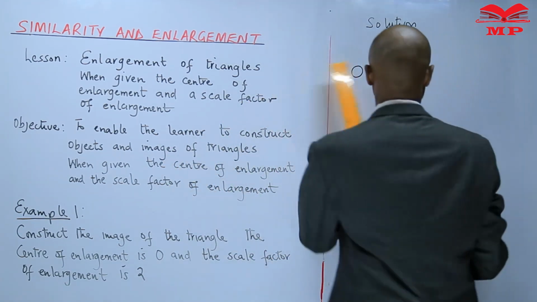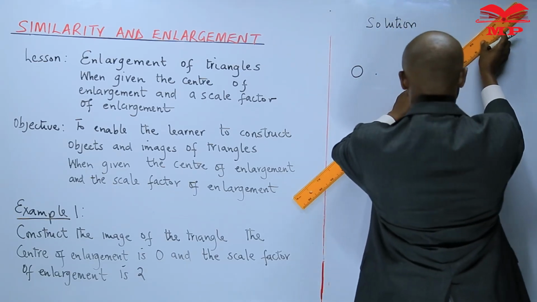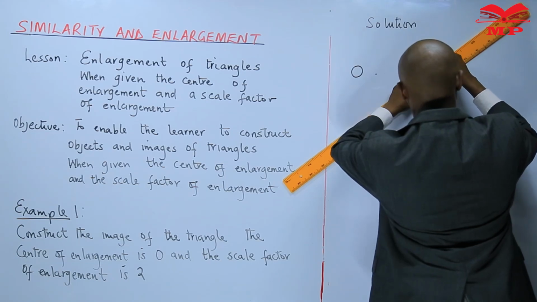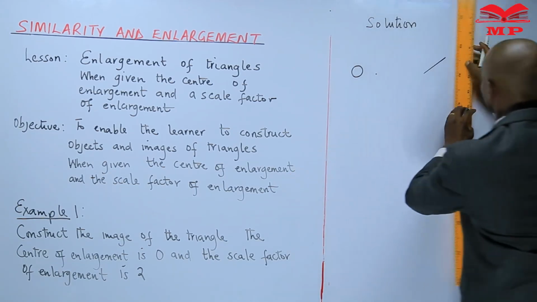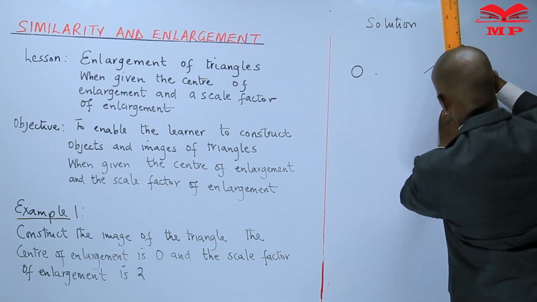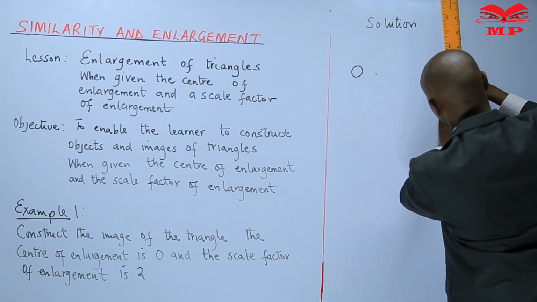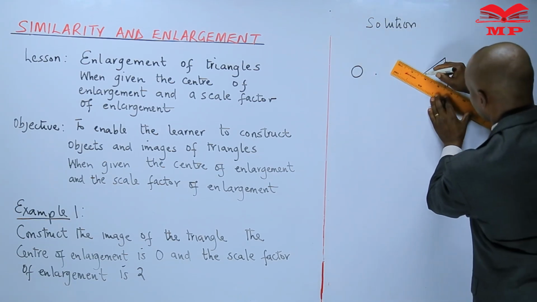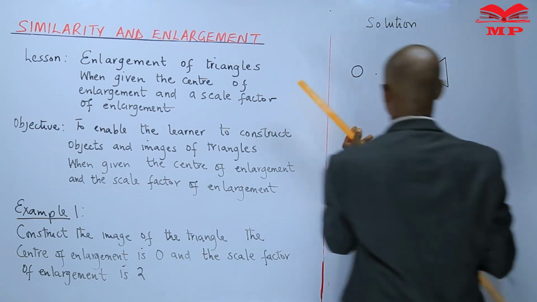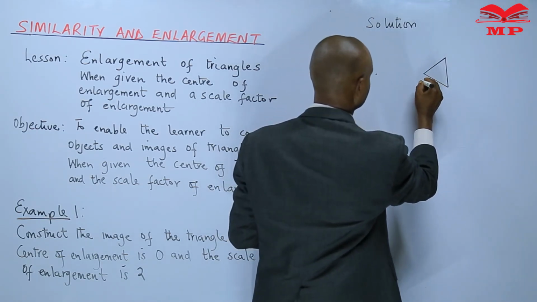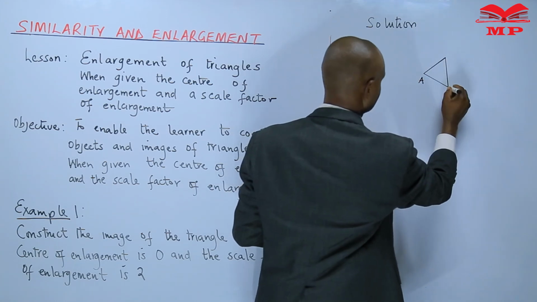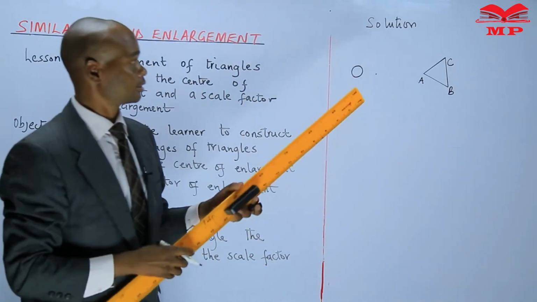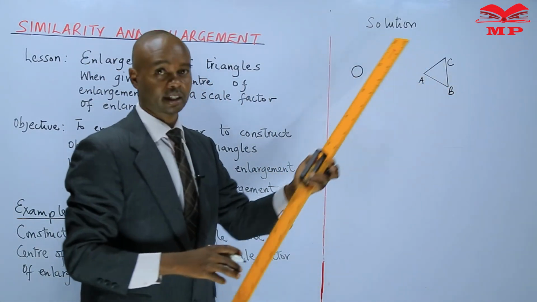O is given, and it is a triangle with vertices A, B, and C.